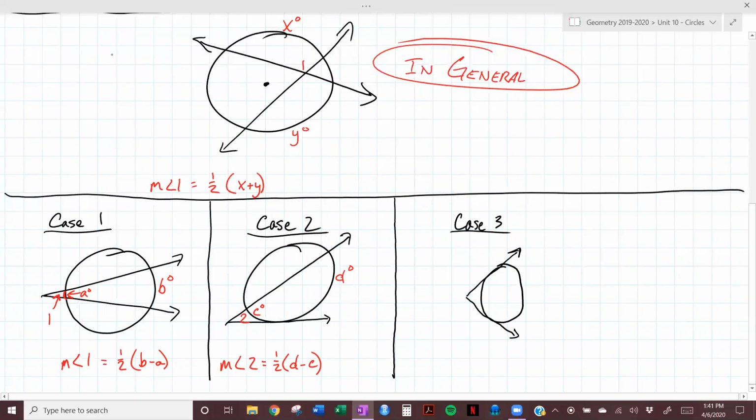Angle 3 is here, E is here, F is here. So again, the measurement of angle 3 is going to be equal to 1/2 F minus E. Okay, so those are our 3 cases. So we need to watch out for those.